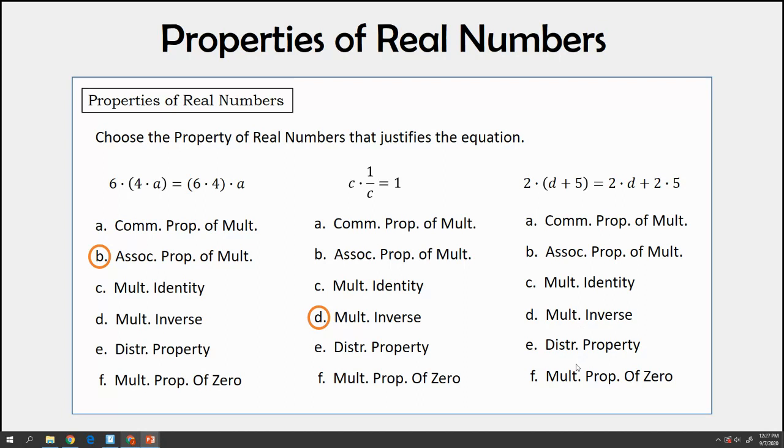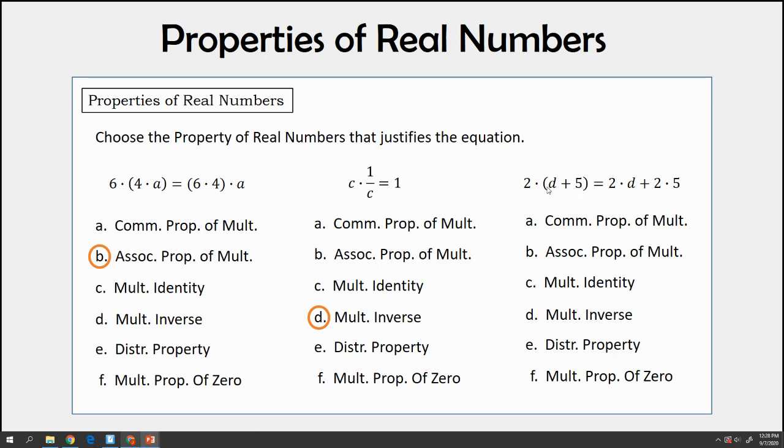Okay. And here, I guess I kind of snuck this in without going through it with you guys. Apologize. This is an example of, and I think you all know this already, the distributive property. The distributive property is when you have multiplication over a quantity of addition or subtraction. So the multiplication, it's 2 times the quantity of D plus 5.